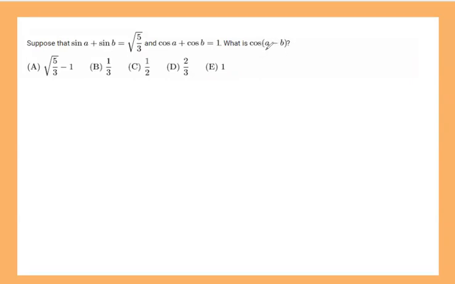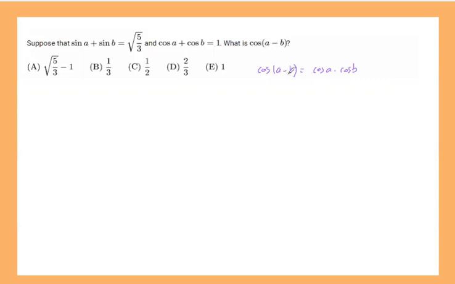the angle difference identity for cosine, which I'm going to write first. Cosine of A minus B is the same as cosine A times cosine B, so you just start with the cosines of both angles.